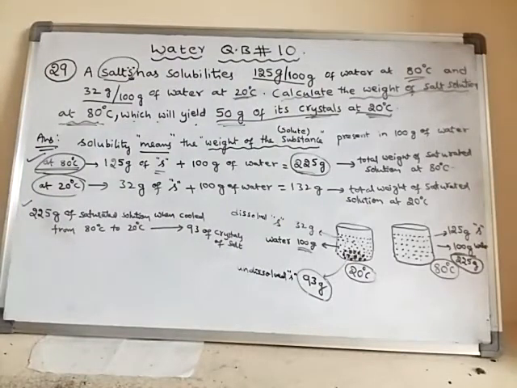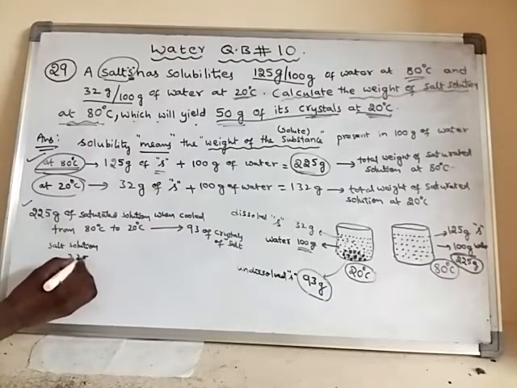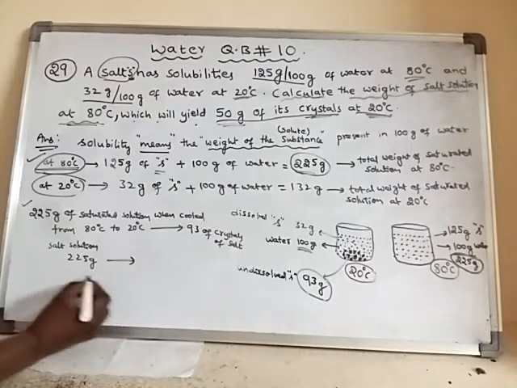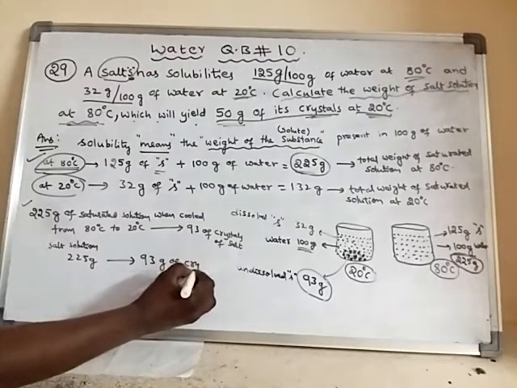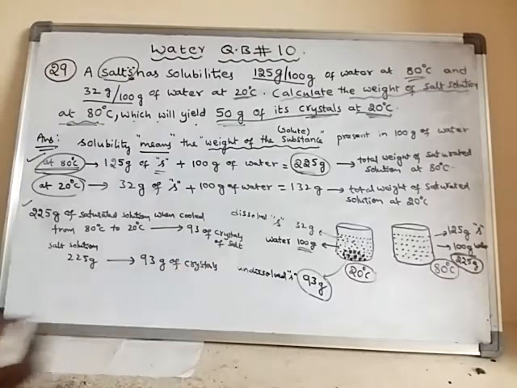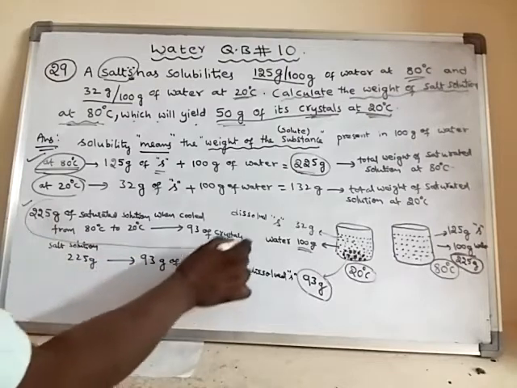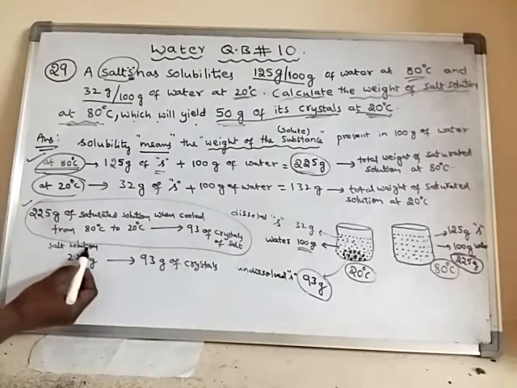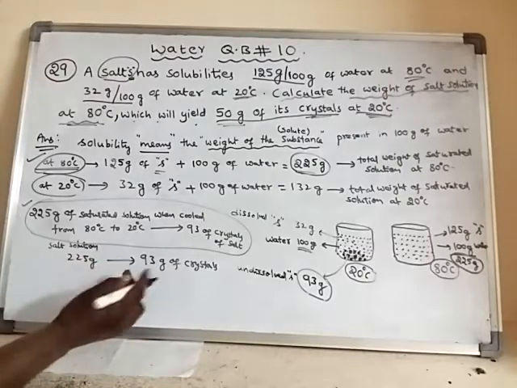So from this it is understood that when salt solution is 225 grams, it will yield 93 grams of crystals, when cooled from 80 degrees centigrade. So from this data, if salt solution is this much, then crystals formed will be this much.